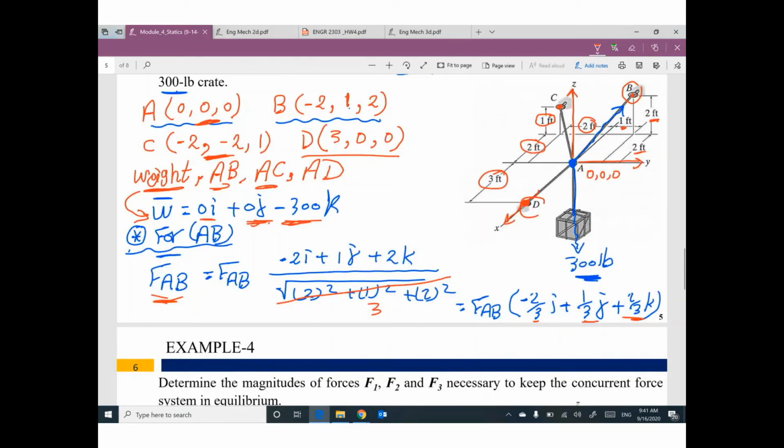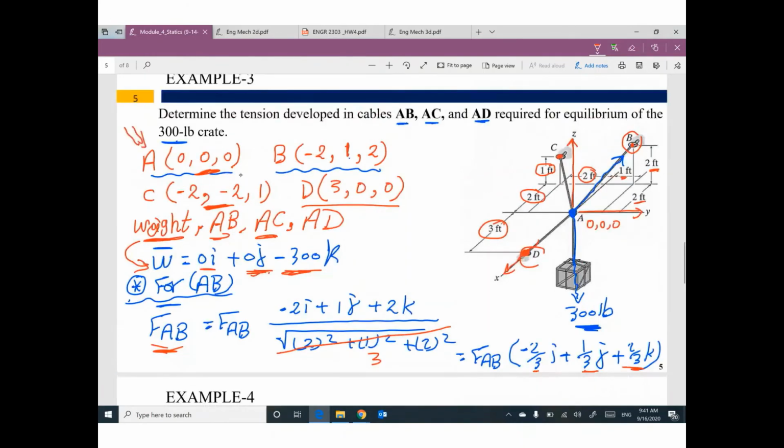The key in this problem is how to figure out the coordinates of the points, because if these coordinates are wrong, everything will be wrong. These coordinates are very important. You need to get these points right before breaking your force. So please pay attention to these points before continuing.